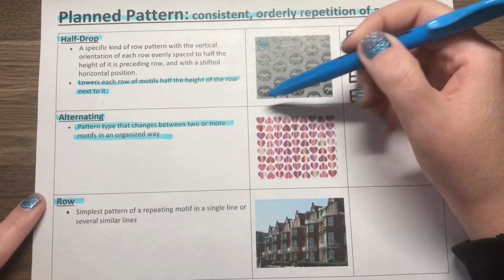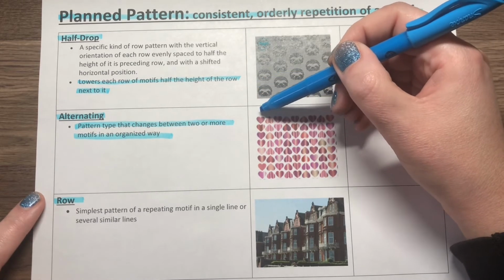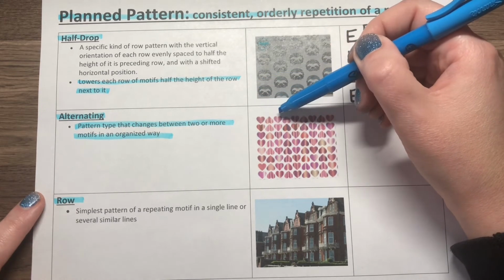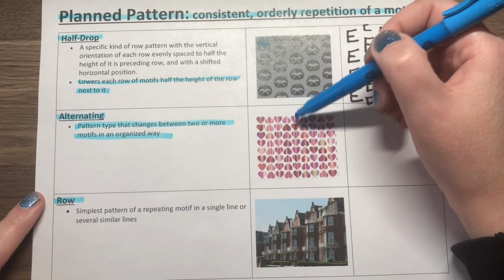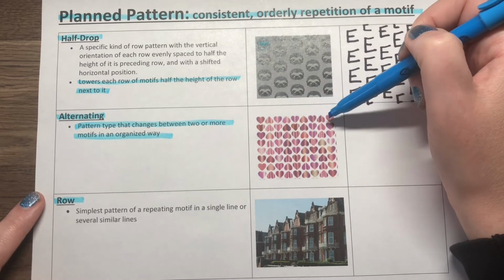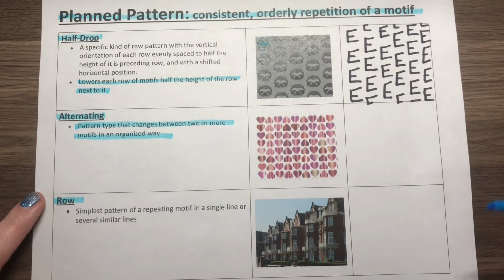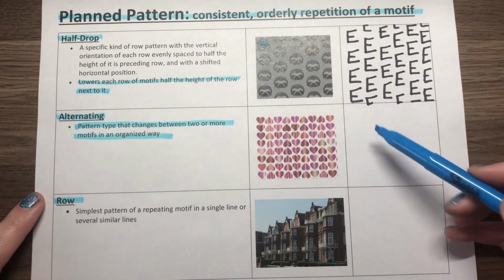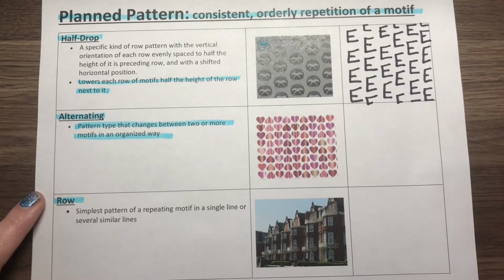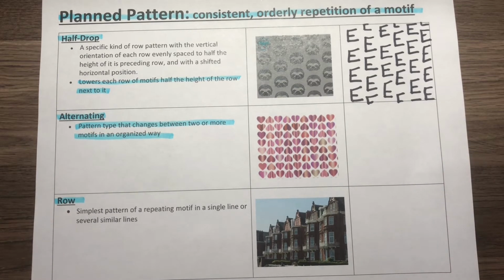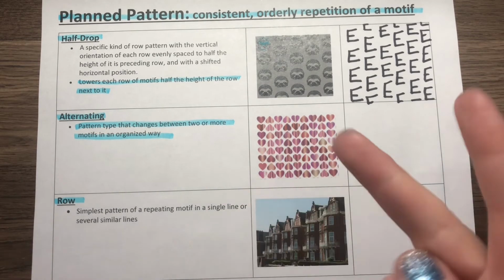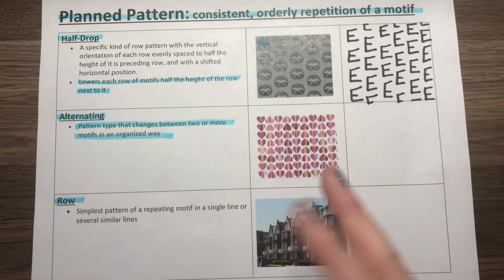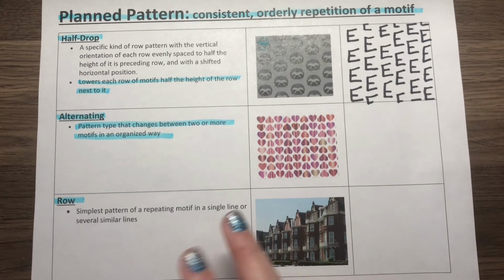It's not a checkerboard, but it goes right side up, upside down, right side up, upside down. If you can tell what's going to come next, and there's a small change, then it's an alternating. If it changes between two things, if it goes back and forth, back and forth, that would be alternating.